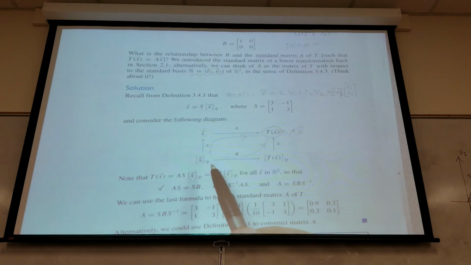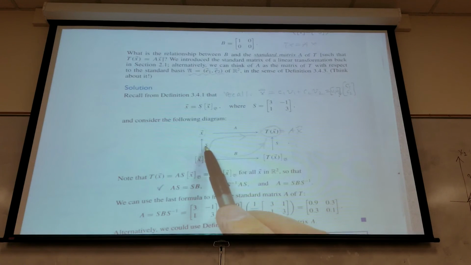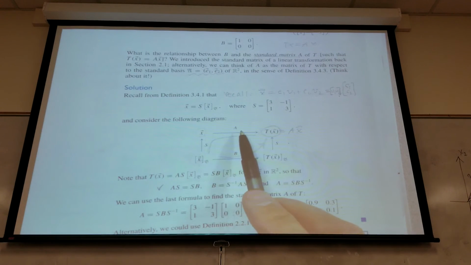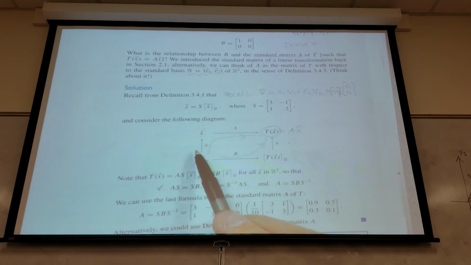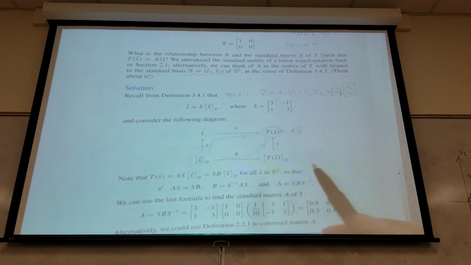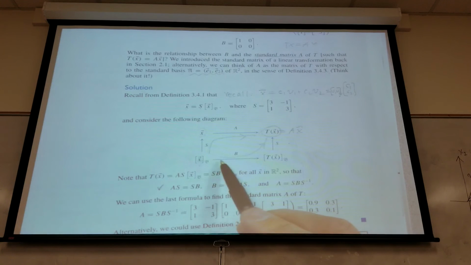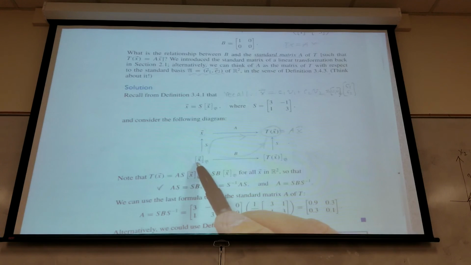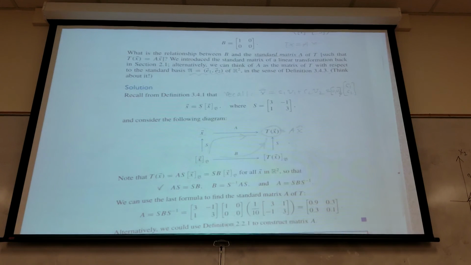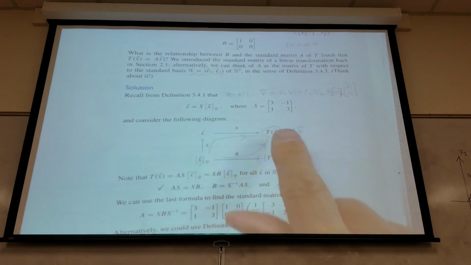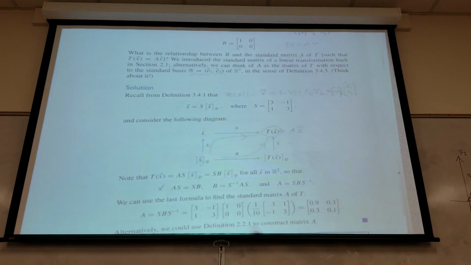So we begin with this coordinate of B, right? And then you have S applied to this, and then followed by A applied. So AS, and B times this one, and then SB. So AS and SB are the same because they both lead to this one. So that's why AS equals SB.